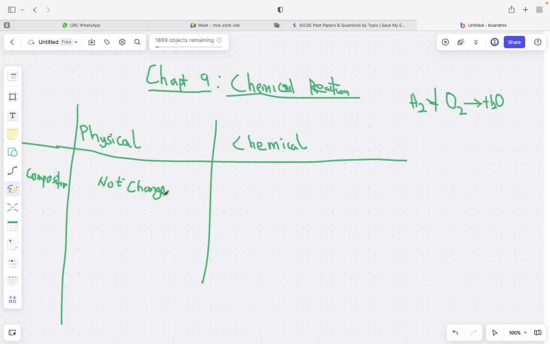But for chemical change, new substances with different properties are formed. So here we say for chemical, new substances are formed. Here the composition changes. New substances will be formed completely.